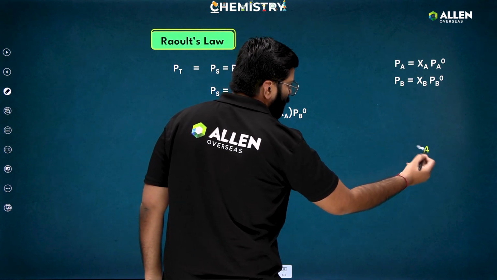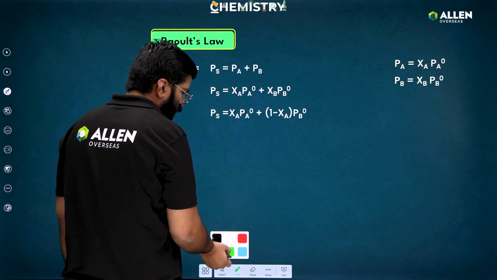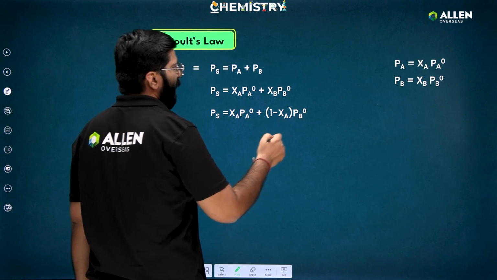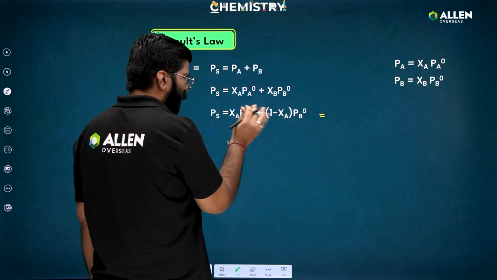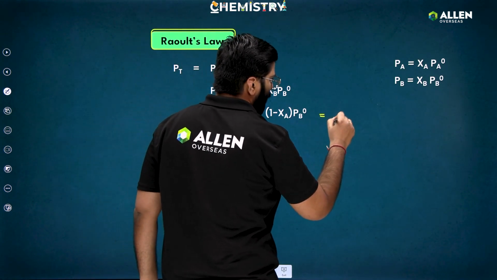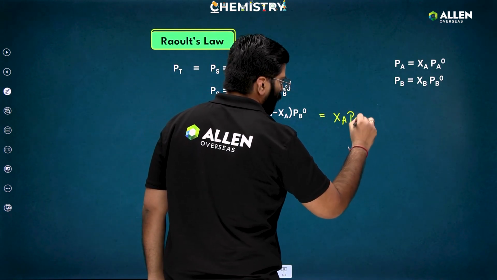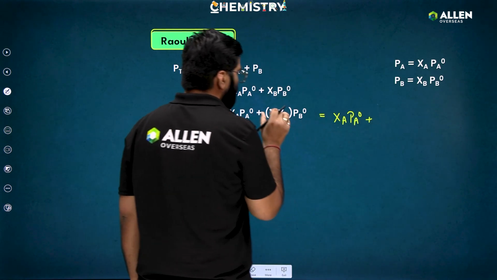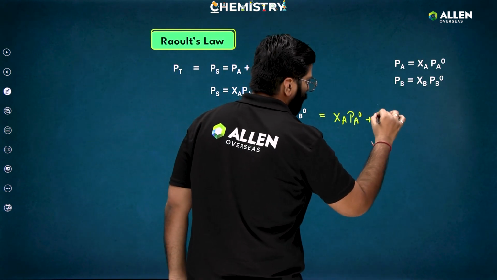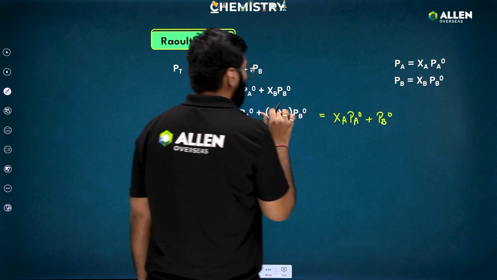Now if we see the next part, the solution part of this, what's the next thing that I can write? This equation is equal to XA PA naught plus, because this is plus, PB naught, and there is a negative sign.